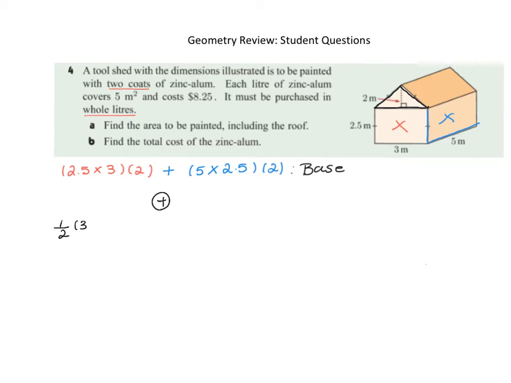So 1/2 times 3 times 2, that's the height, and then you've got 1 on the other side, so you have to double that. And then you add to that 5 times 2.5 times 2. So again, I had to look at this rectangular face right there, and I've got 2 of those. So when I add everything together, I get 71 meters squared.